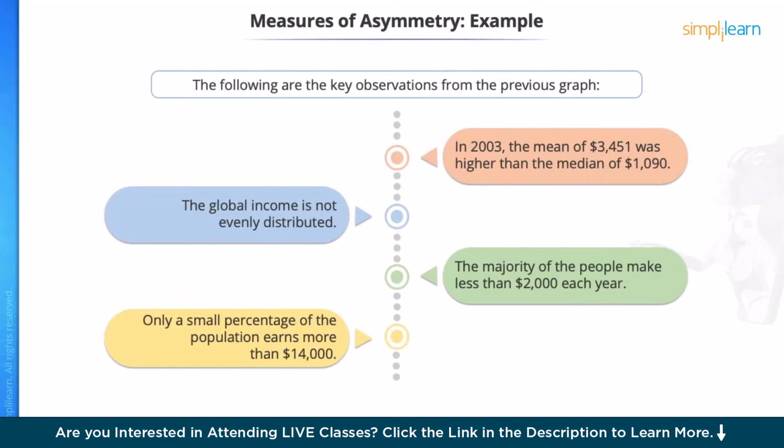We can observe in the previous graph that in 2003, the mean of $3,451 was higher than the median of $1,090. The global income is definitely not evenly distributed. The majority of people make less than $2,000 each year, while only a small percentage of the population earns more than $14,000.